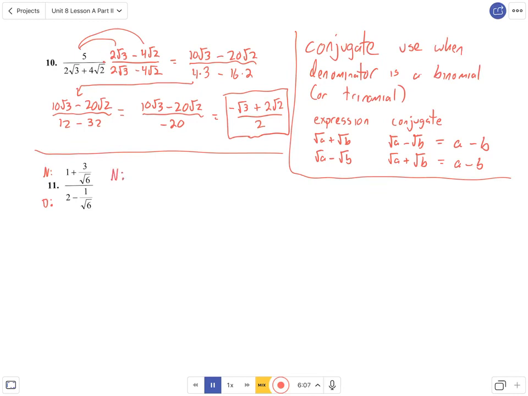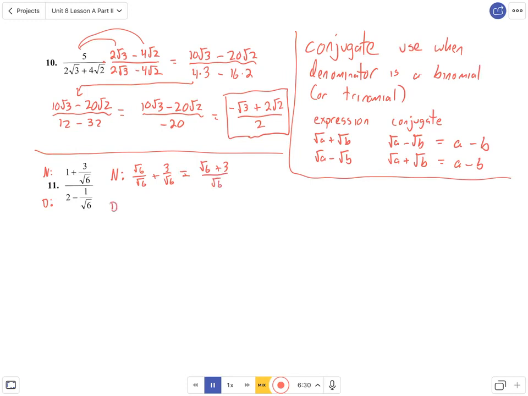Remember, we're adding fractional terms. I need a common denominator, which is going to be rad 6. So I wind up with rad 6 over rad 6 plus 3 over rad 6, which is rad 6 plus 3 all over rad 6. There's my numerator term.